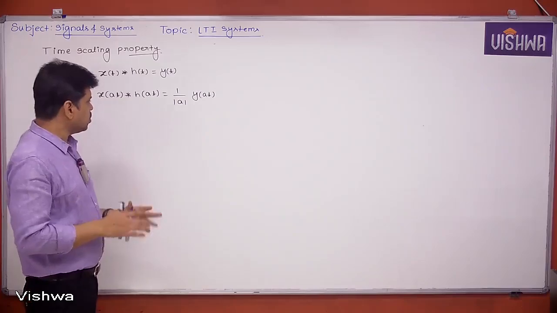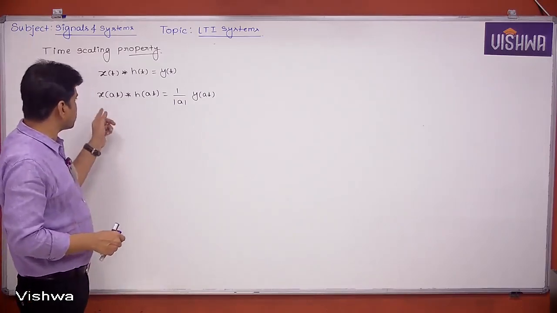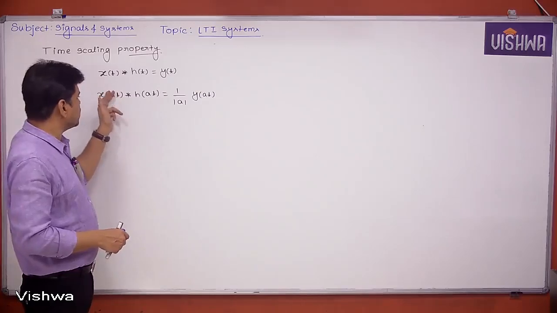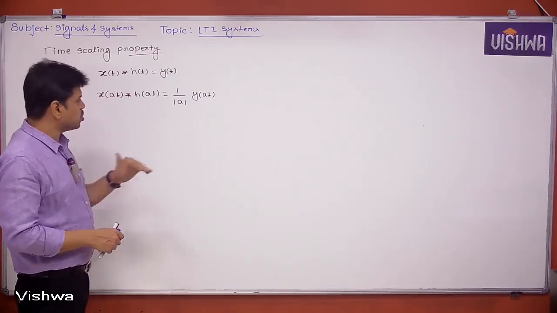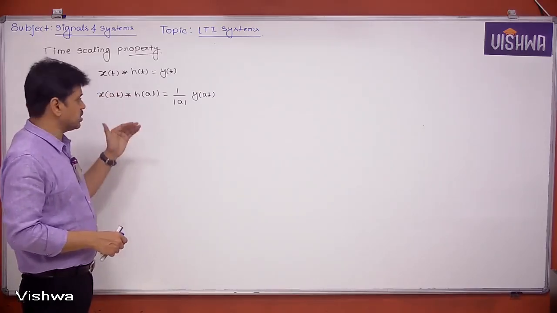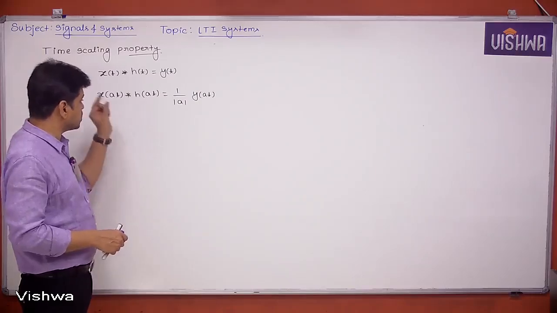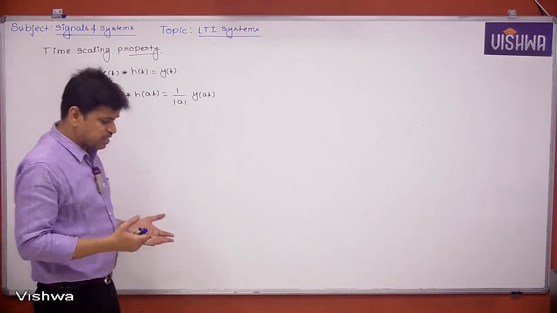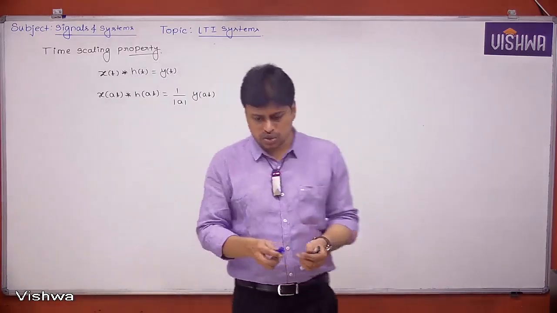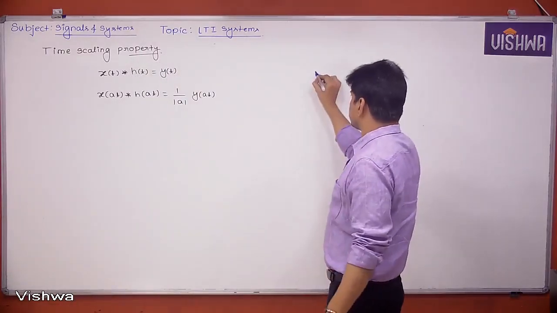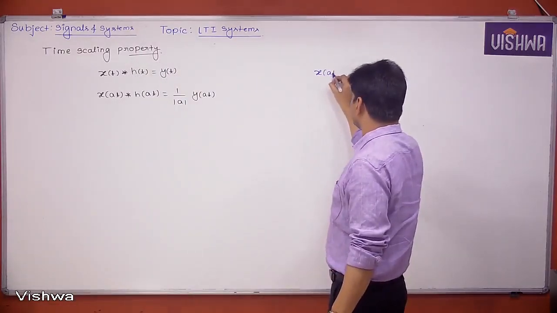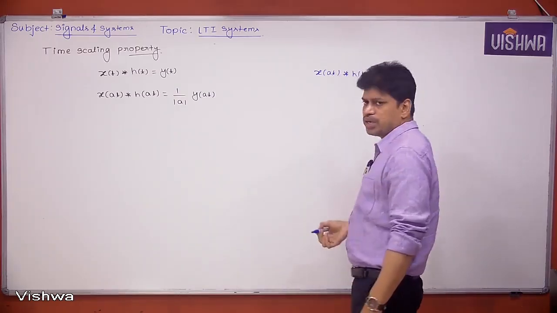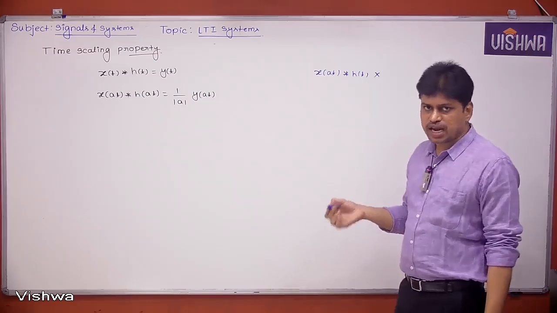Okay, so don't ask me doubts like, sir, what if it is x of at convolution with h of t, or x of t convolution with h of at? Those formulas are not here, so they are not generalized formulas. This is the correct formula we have to remember. If somebody asks x of at convolution with h of t, we don't have standard results for these convolutions.